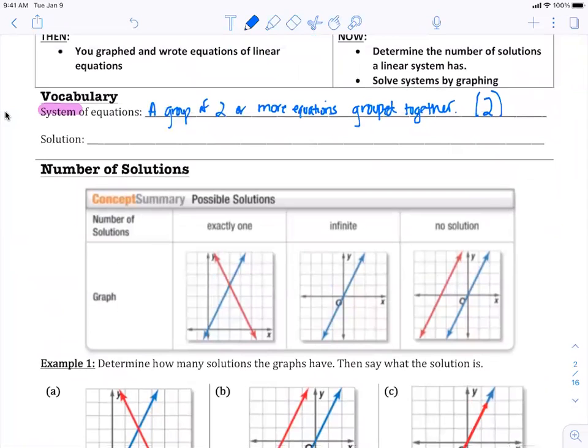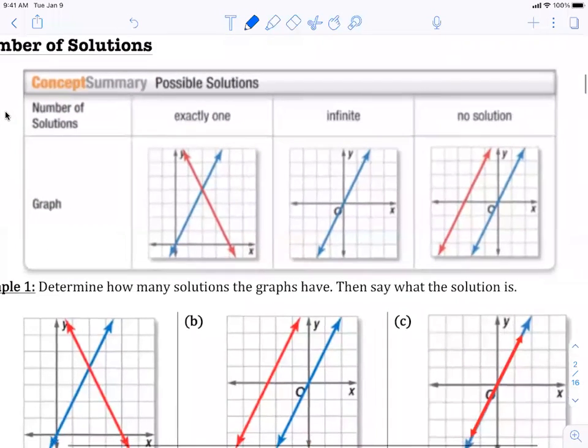When you graph 2 equations together, some different things happen. When you have 2 lines graphed together on the same graph, the solution is something pretty specific, and it depends on how the lines are graphed. Scenario number 1 is if your lines cross each other at some point.